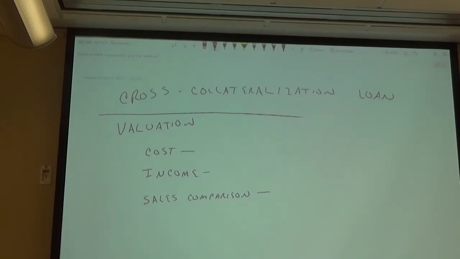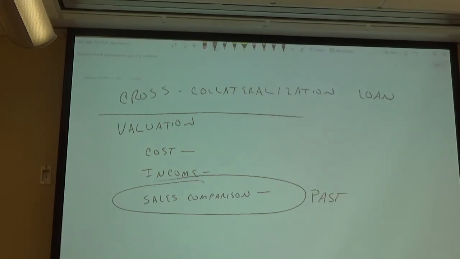Right. Now, this next insight as it relates to these three approaches I think is really valuable, because which one of these would you say is historical? Sales comparison. Because what are you doing? You're looking at historical past information, yes?